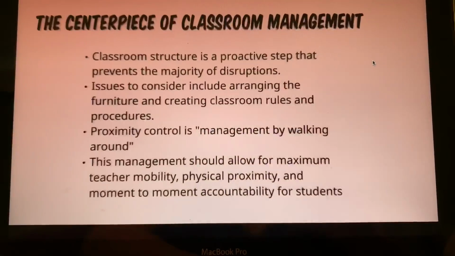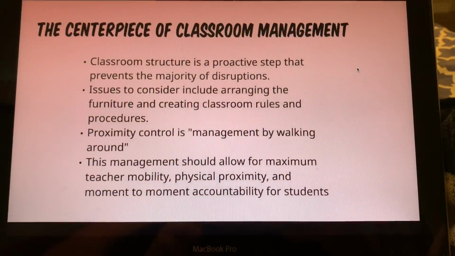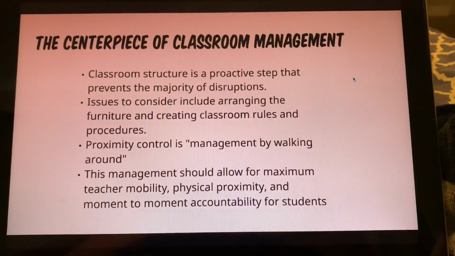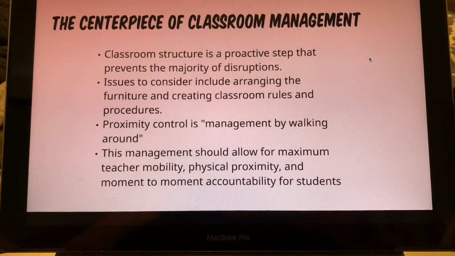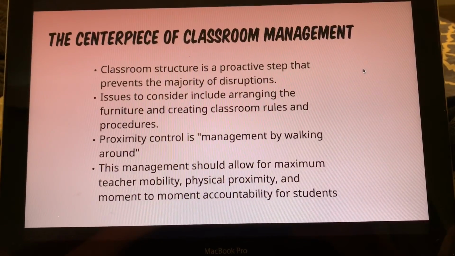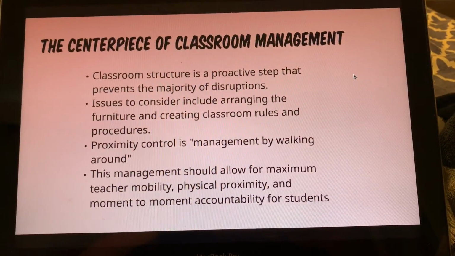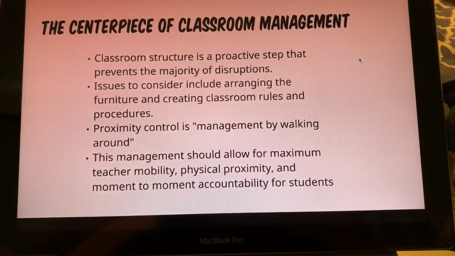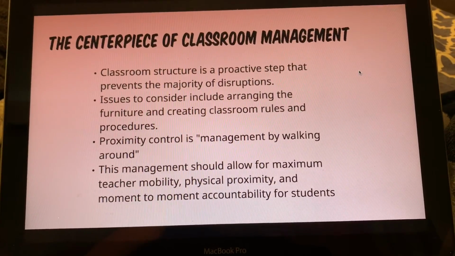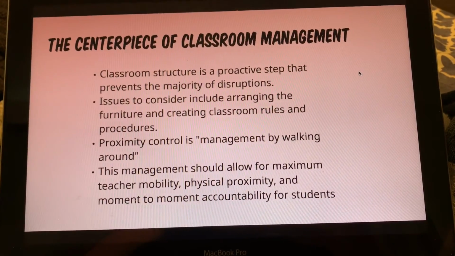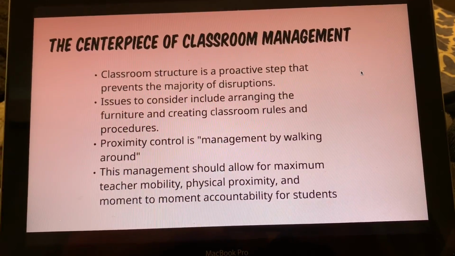And so we're going to talk about classroom structure. Jones describes it as the centerpiece of classroom management. So it's a proactive step that prevents the majority of disruptions. There are some issues to consider, which include arranging the furniture and creating classroom rules and procedures. Proximity control is management by walking around.